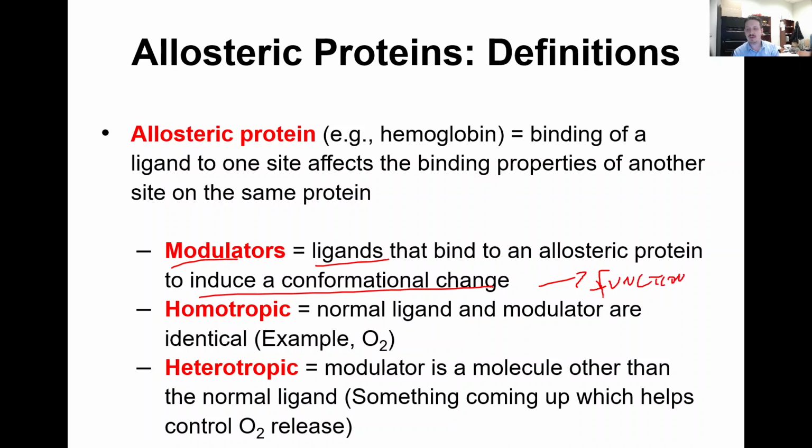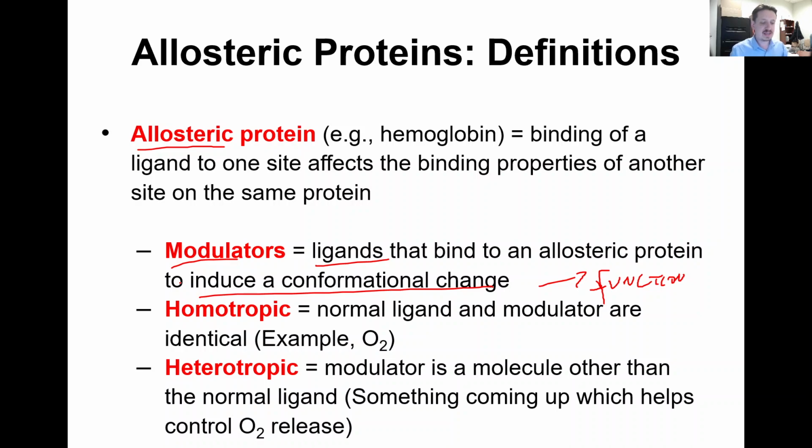There are a few different types of these. Now, these don't bind in the active site, rather they bind outside the active site, and that is what allosteric means. Allosteric just means that something binds outside of the ligand binding site to influence the ligand binding. So ligand 2 binds to the protein outside of the ligand 1 binding site to influence the binding of ligand 1.